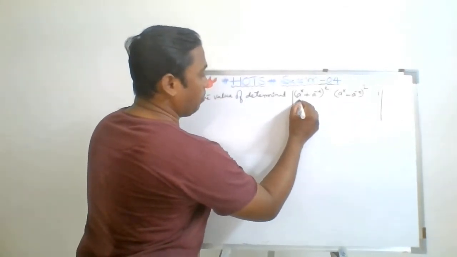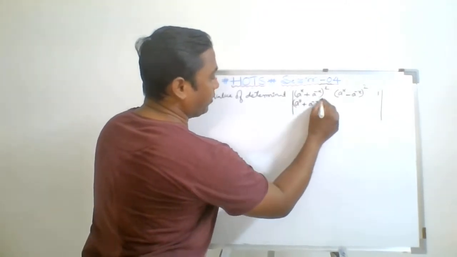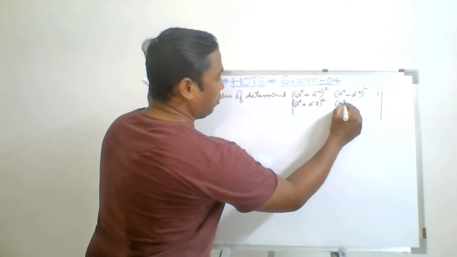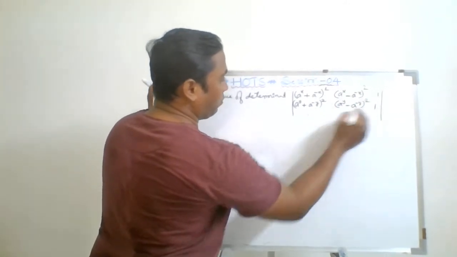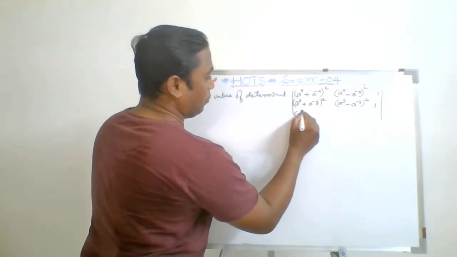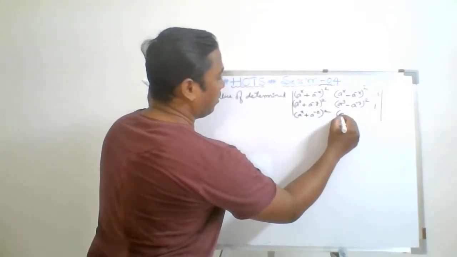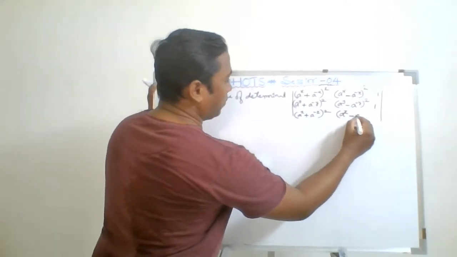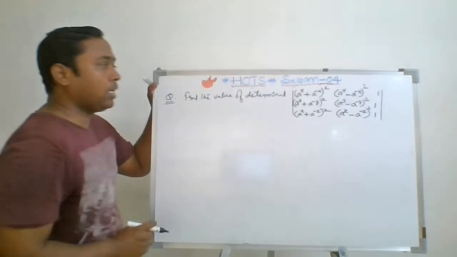Here a to the power of y plus a to the power of minus y the whole square, a to the power of y minus a to the power of minus y the whole square, and 1. Then a to the power of z plus a to the power of minus z the whole square, a to the power of z minus a to the power of minus z the whole square.